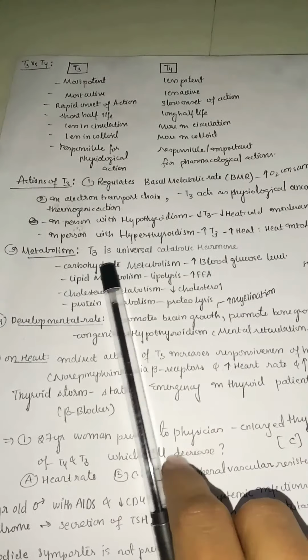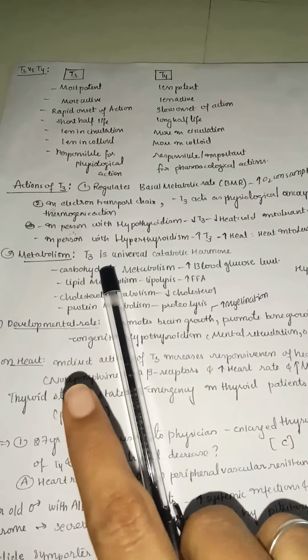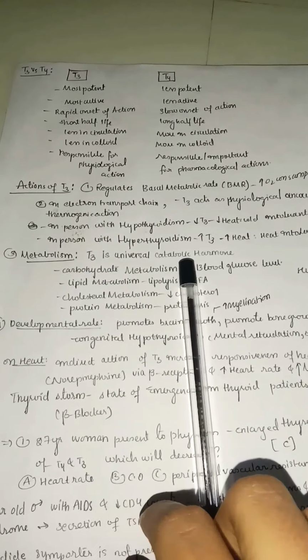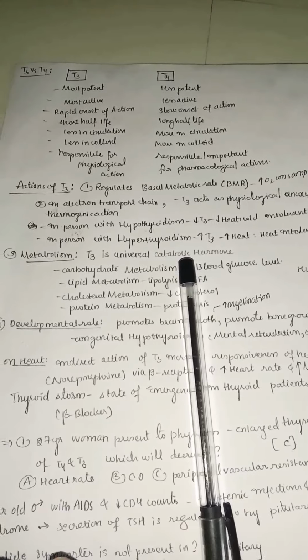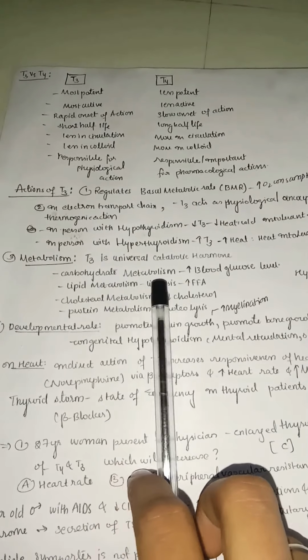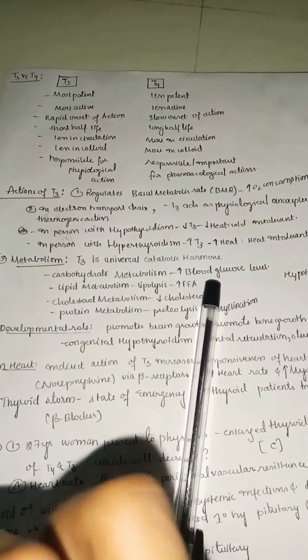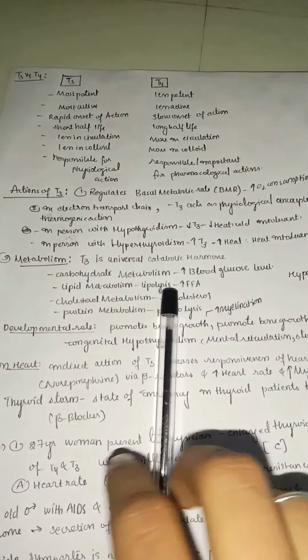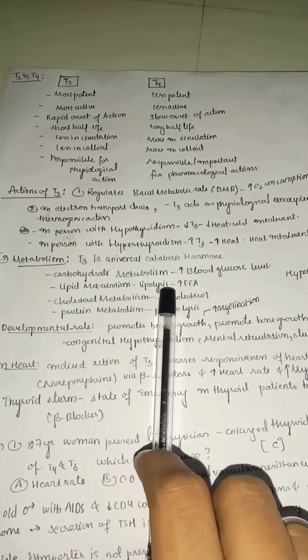Now let us see the metabolism by our thyroid hormone. Remember, thyroid hormone is a universal catabolic hormone, that is, it mainly has breaking-down properties. In carbohydrate metabolism, it increases blood glucose level, and in lipid metabolism, it leads to lipolysis, increasing free fatty acids in the blood.